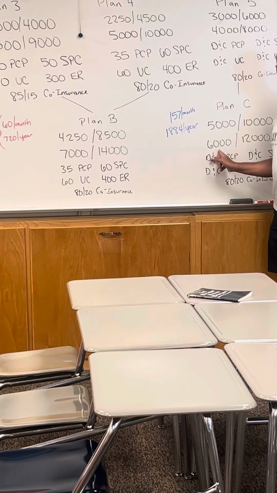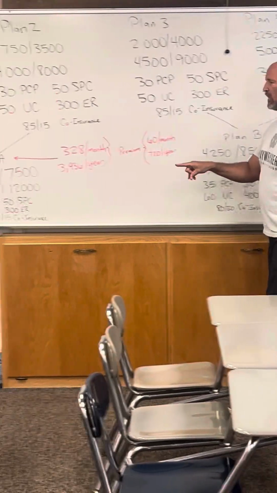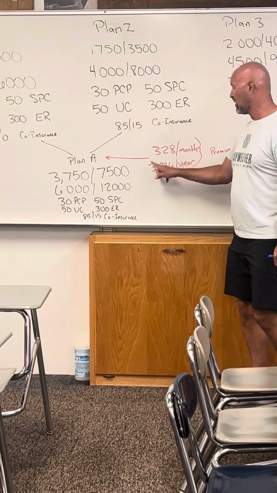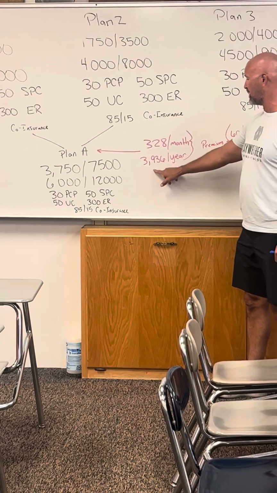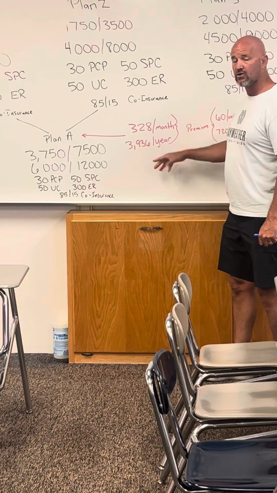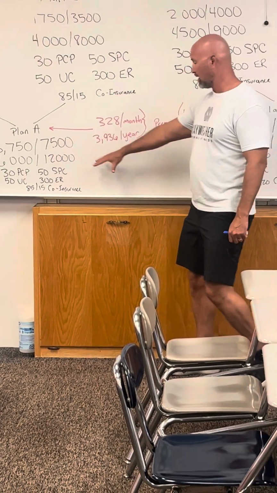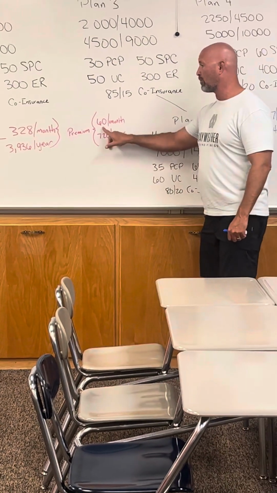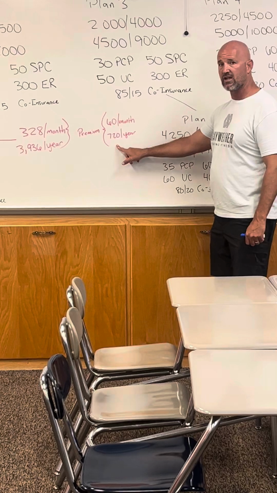Now let's talk about what these cost. On this plan here, Plan A, you're paying $328 a month, okay, which ends up being $3,936 per year. So that's what you're going to pay as a family for Plan A, okay? For Plan B, you're paying $60 a month, okay, which is $720 a year.